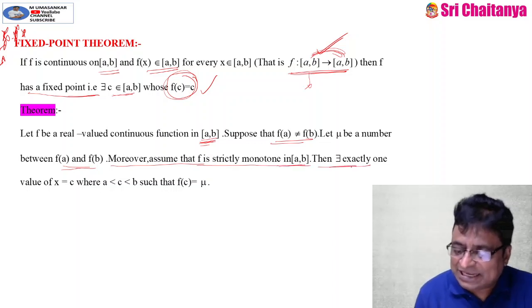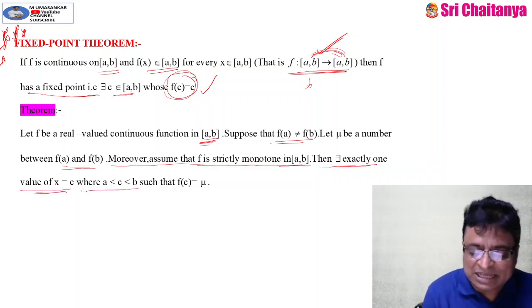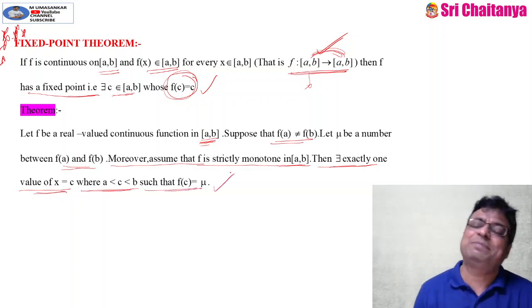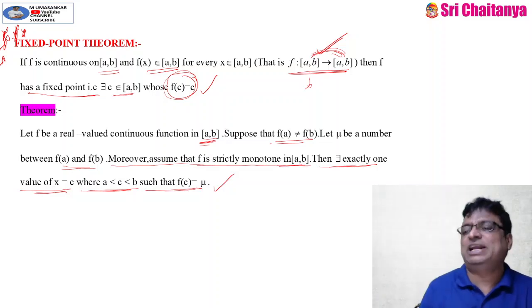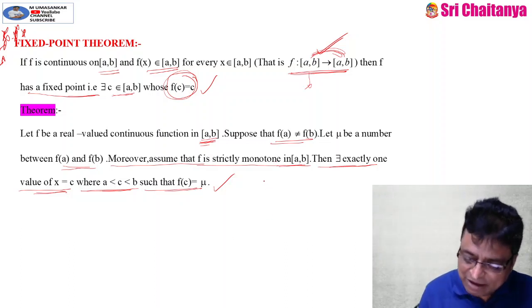Then there exists exactly one value x equal to c, where a less than c less than b, such that f of c equal to mu. That means for f of x equal to mu, the equation has exactly only one root, provided the function is strictly monotonic. That means either it is increasing or decreasing.